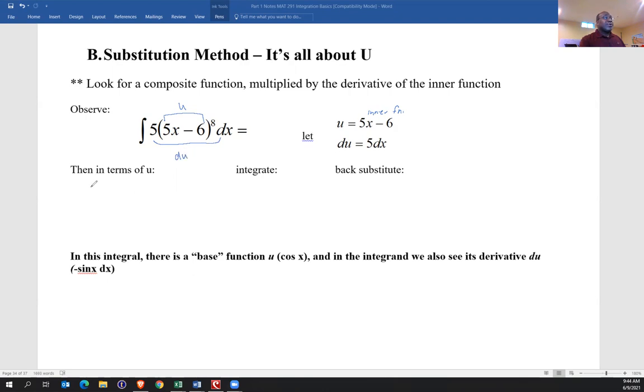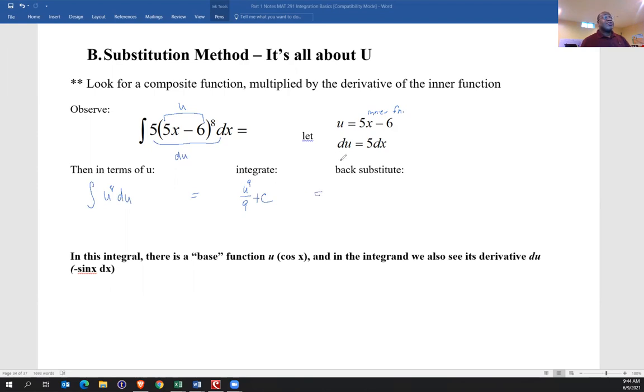So then this integral, if we write this in terms of u, would be the integral of u to the 8th power, because that's this part here, times du. So now, of course, written that way, it's very simple to integrate. We can apply the power rule. So if we integrate that, that will be equal to u to the 9th over 9 plus c.